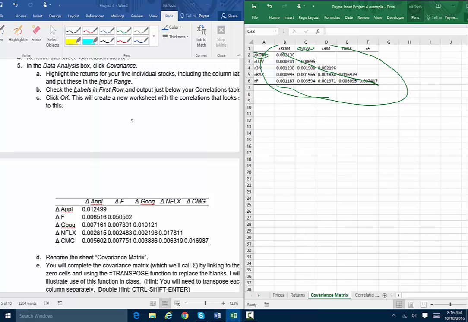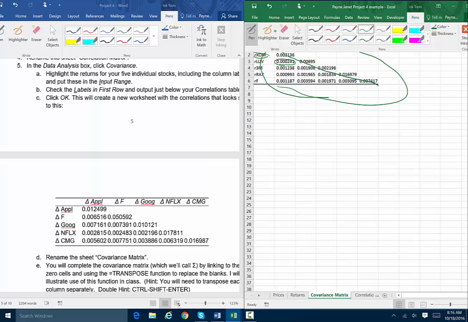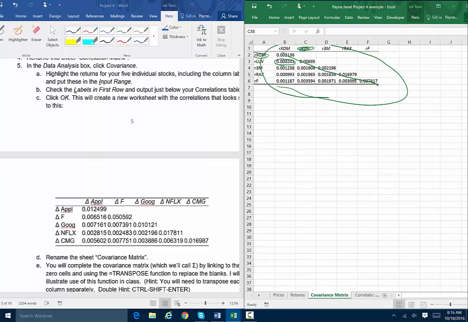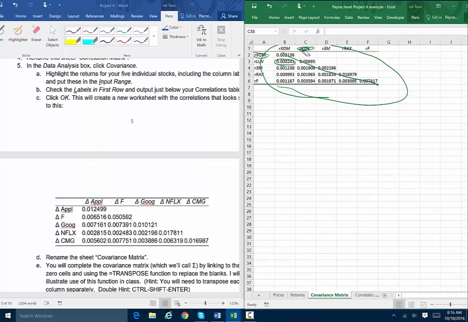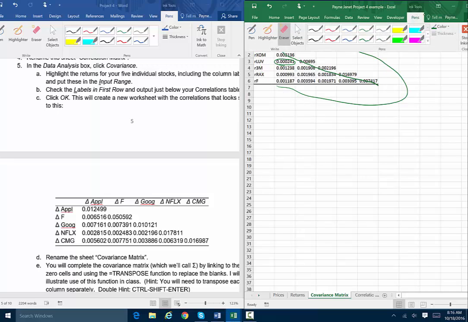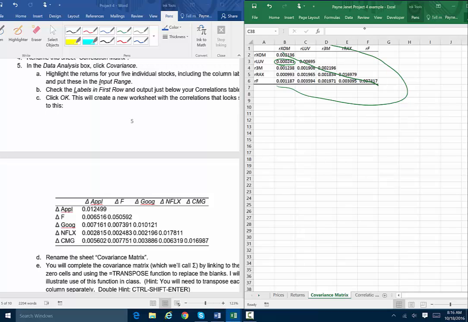So here's the covariance between Lowe's and ExxonMobil. Actually, it'll be right here, because it doesn't have any data on the upper diagonal.